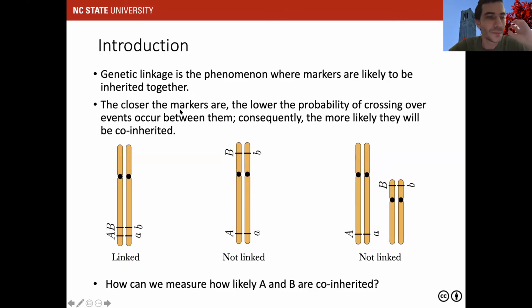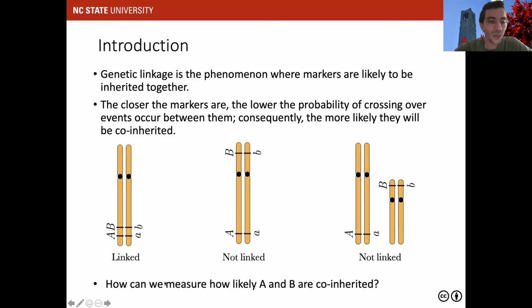This is the main idea, and that's why this concept is so important. The closer the markers are, the lower the probability of a crossing over event between them, and consequently they are more likely to be inherited together. This is the basic concept of linkage, and it applies to diploids, tetraploids, hexaploids, and so on.